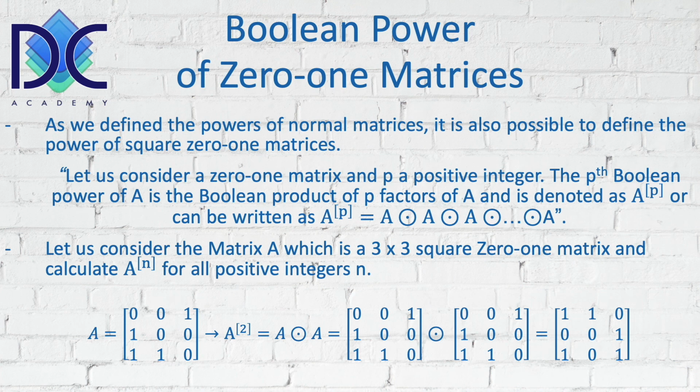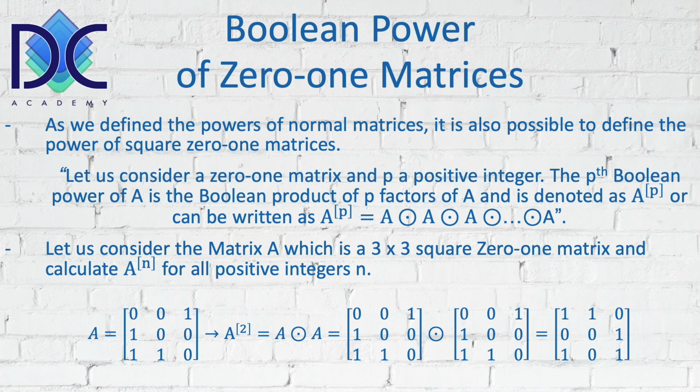So basically we multiplied here 0 and 0, or 0 and 1, or 1 and 1, which gives me 0 or 0 or 1, which gives me 1.